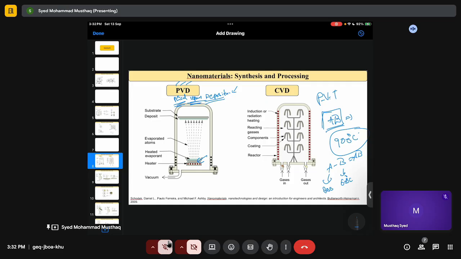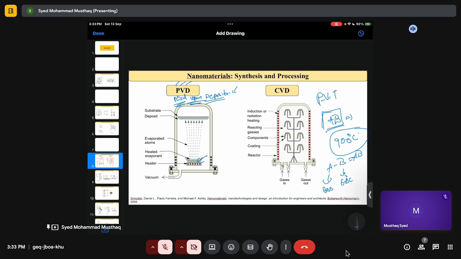And there is also plasma CVD. Plasma CVD is nothing but some molecules are so inert, they will not react with the temperature. So you need a plasma to heat that particular spot to a very high temperature. Then only you can deposit. So for that you use plasma CVD. And if you need a little less temperature but still very high temperature, then use laser CVD.